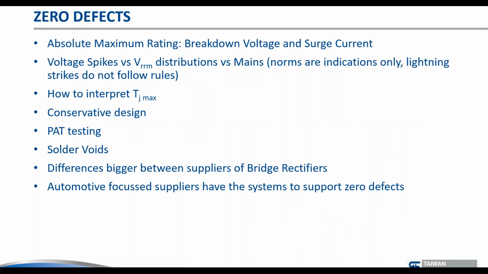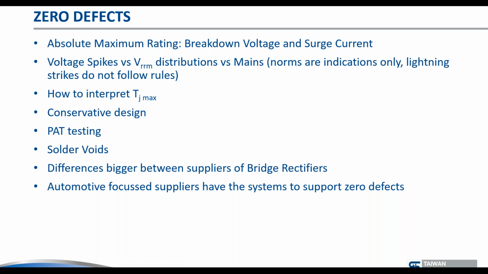So yes, and the last slide here, before I look at your questions and close the webinar, is of course absolute maximum ratings. There are the breakdown voltages and the surge current. Don't take yourself some space here where the resistor is clamping or something like that, because some of the norms, especially the lightning norms, you could say that lightning is an anarchist.